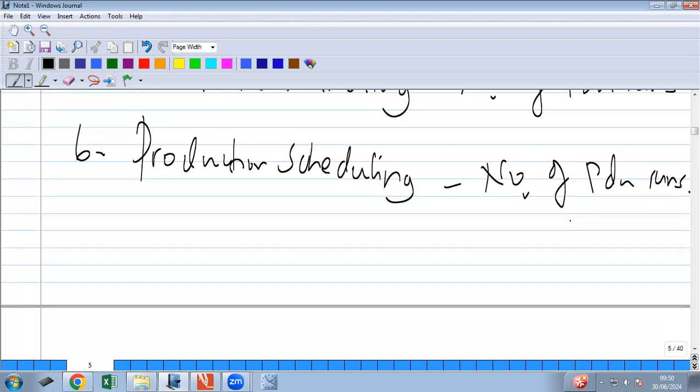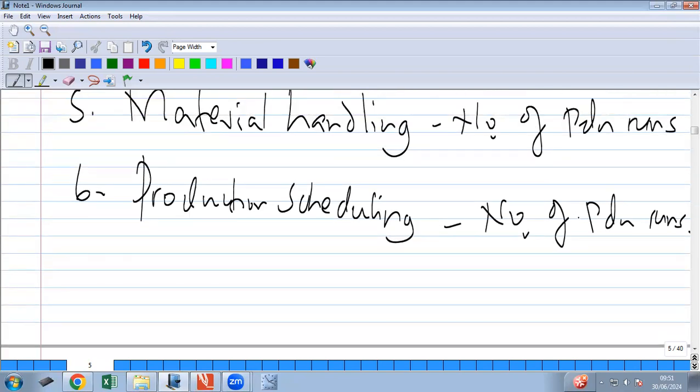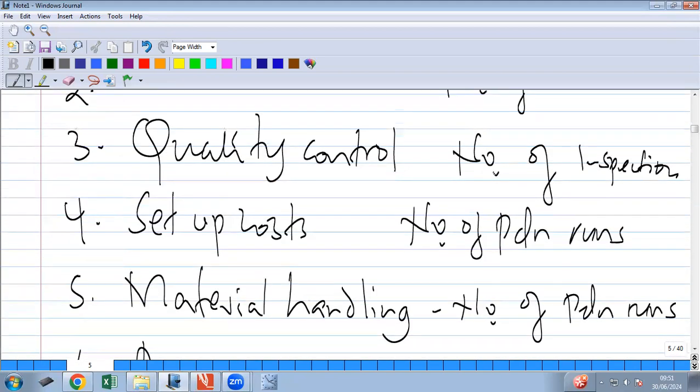Take, for example, I can give an example on quality control. Quality control, we have said, is the number of inspections. Sometimes they may not give you the number of inspections, but in these things, what are you inspecting? For example, maybe the accounting books or maybe scripts.